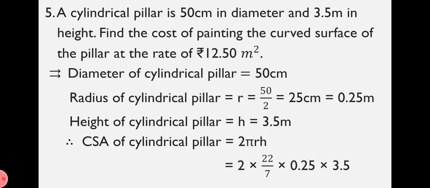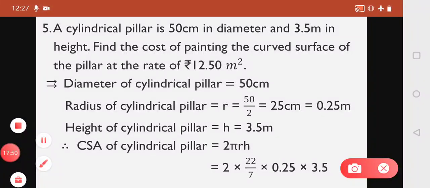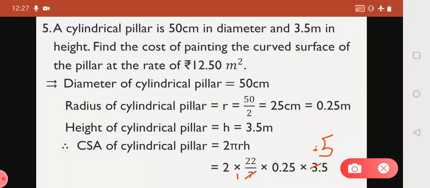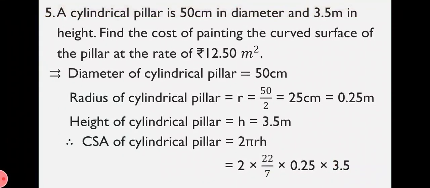For solving, we can cut 7 with 35, that is 7 ones are 7 and 7 fives are 35, so you will get 0.5, but here there is a decimal before one digit, so we have to give 0.5, and then the remaining numbers we have to multiply. We will get CSA of cylindrical pillar equal to 5.5 meter square.